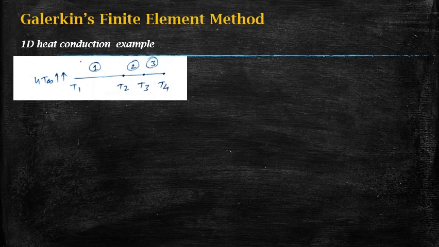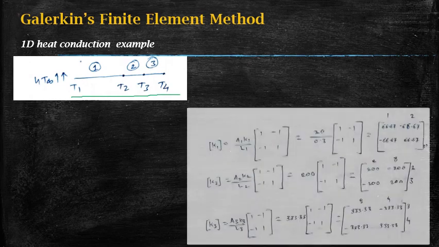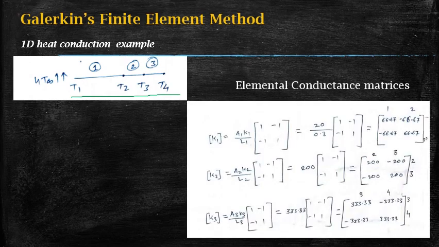Now there are three elements. We have represented it like this. Element number 1, 2 and 3, and there are four nodal values of temperature, T1, T2, T3 and T4. Now elemental conductance matrices are like this.